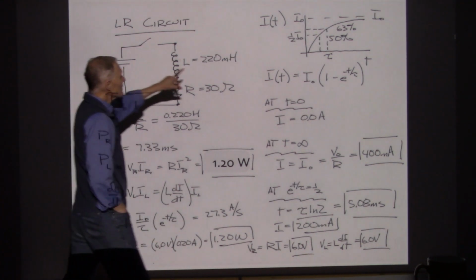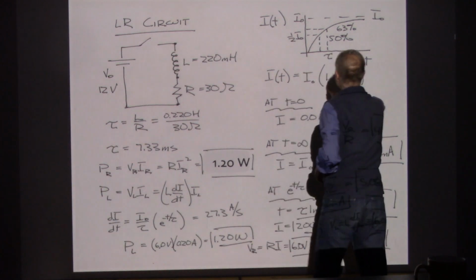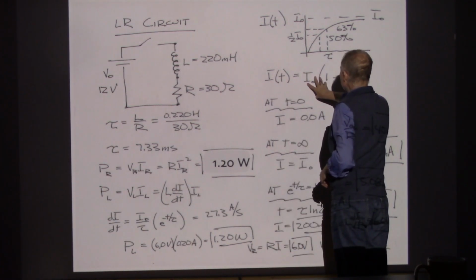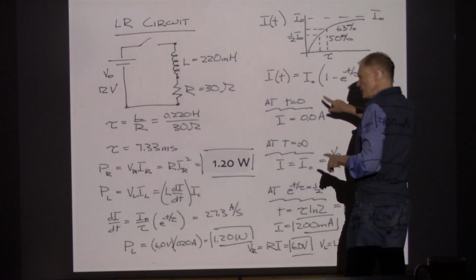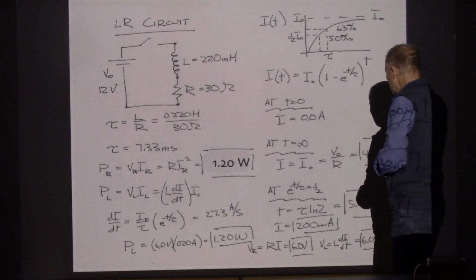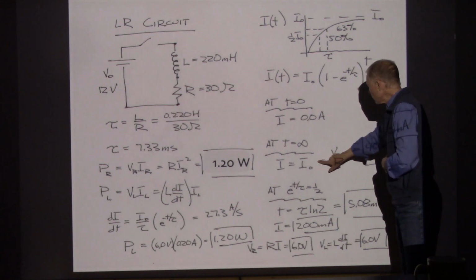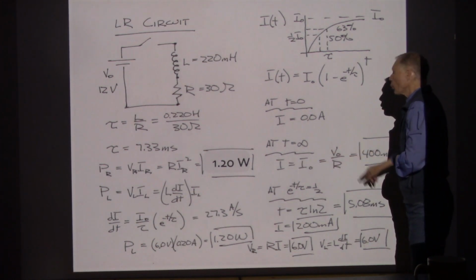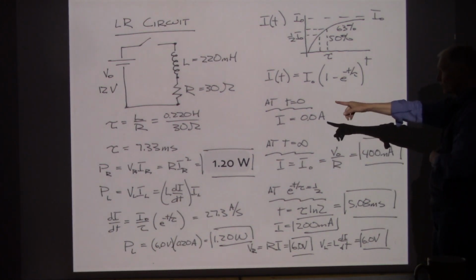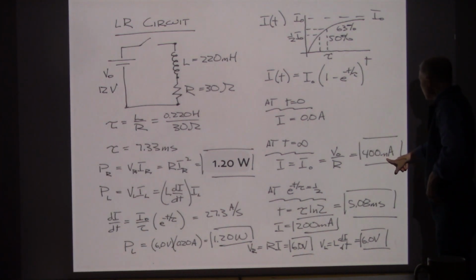So what's going to happen is that the current is going to rise, it's going to have some asymptotic value, and where is that? Here we go. The asymptotic value, once we get to infinity, the current will have risen to V naught over R, and with the numbers we've been given, it's going to eventually reach 400 milliamps.